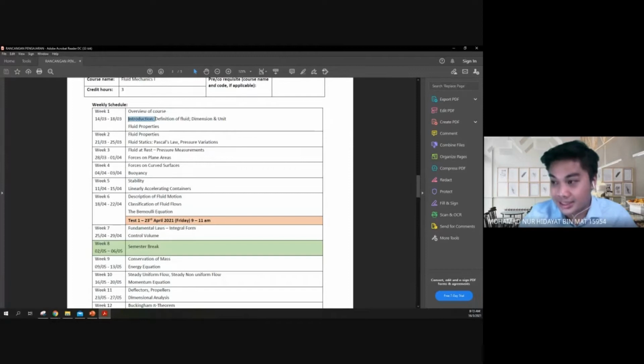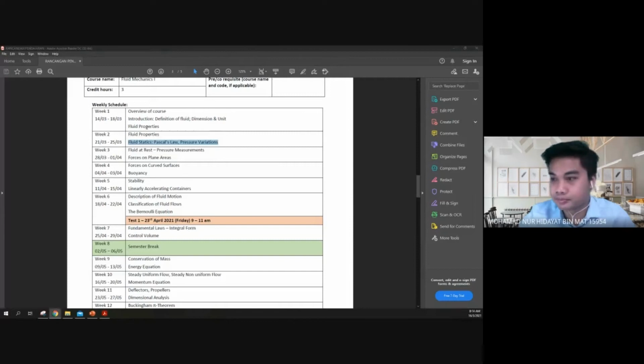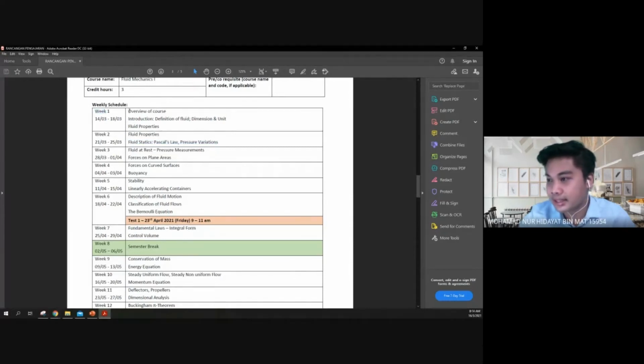You're going to understand the basic definition of fluids, the dimensions, the unit, and finally the fluid property. Week number 2, fluid property as well as fluid static. Then week 3, 4, 5, 6, and 7.